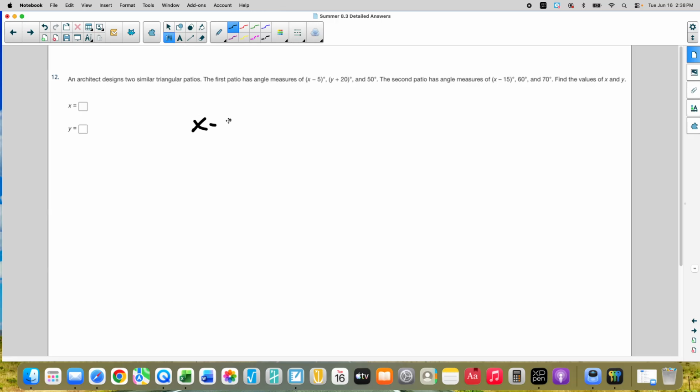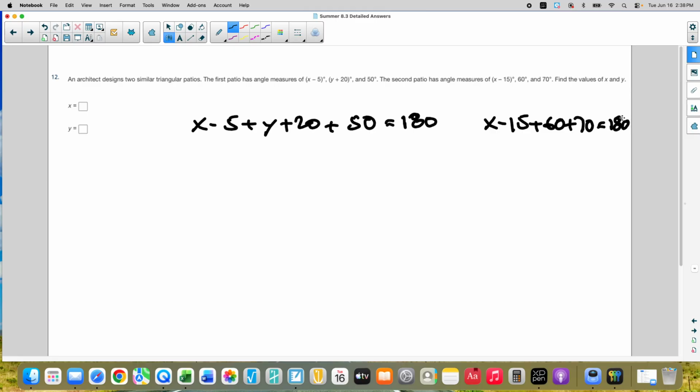We have x minus 5 plus y plus 20 plus 50 equals 180. And we also have x minus 15 plus 60 plus 70 also equals 180 degrees.